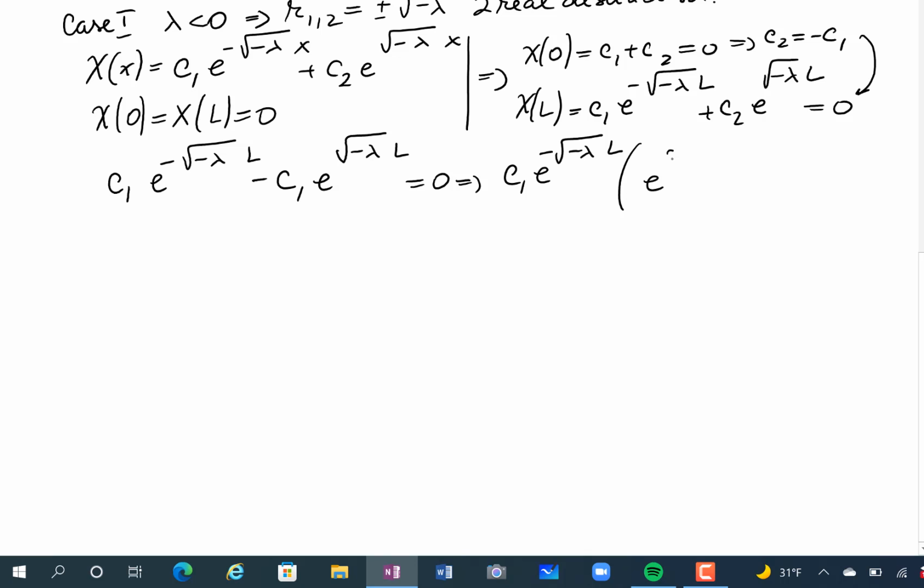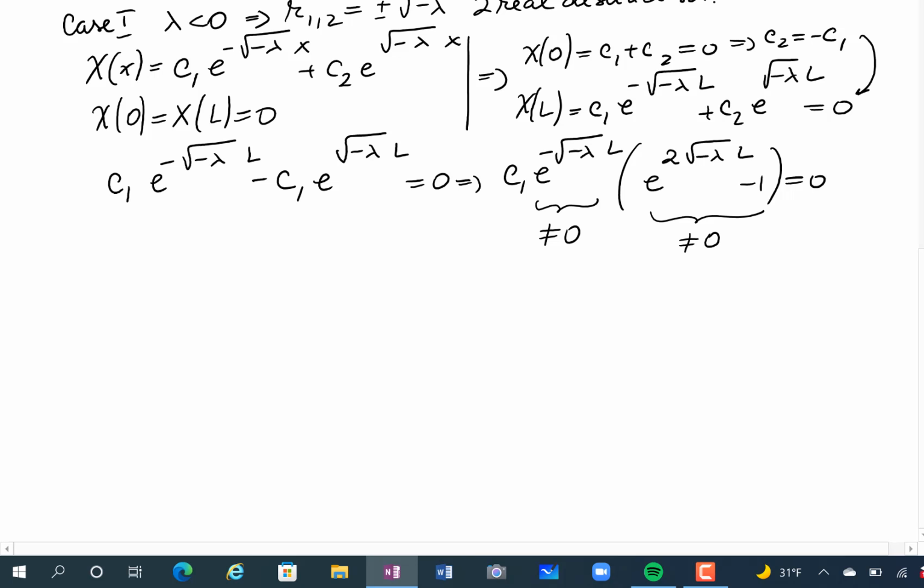So we get e to 2 square root of negative lambda L minus 1 equals 0. This quantity cannot be 0 because it's an exponential. This quantity is not 0 because the only time it would be 0 is if L is 0, which would mean the length of the wire is 0. It wouldn't make any sense.